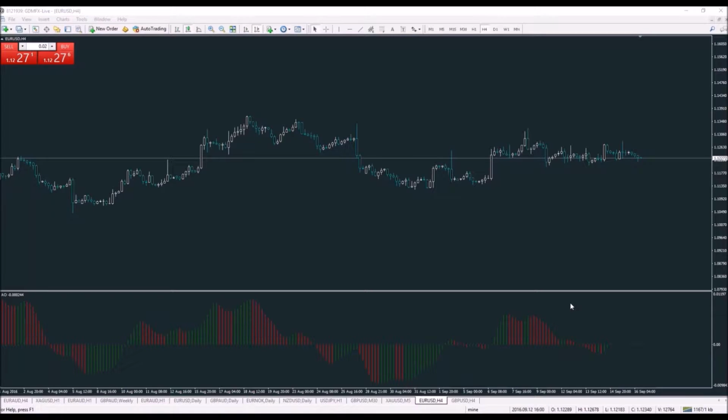Therefore, it comes with a different color. When the oscillator values are below the zero line, the short-term period is trending lower than the longer-term period itself. So the information can be used for a variety of types of signals, based on the fact that if you're going to use it as a standalone indicator, let me show you.